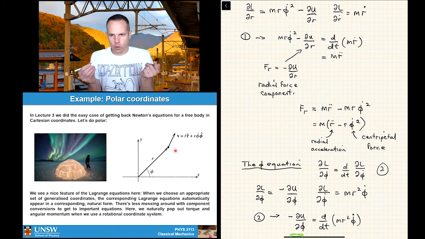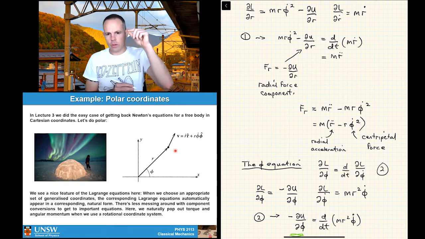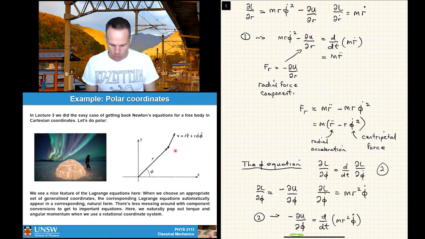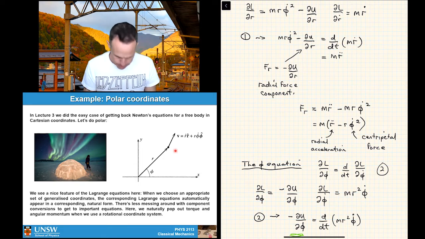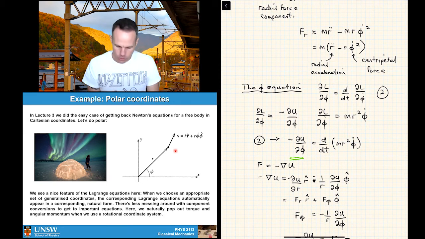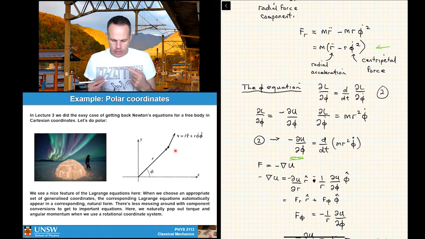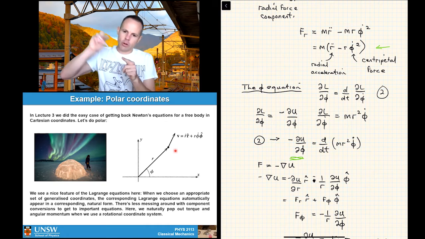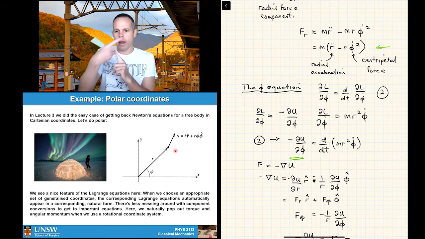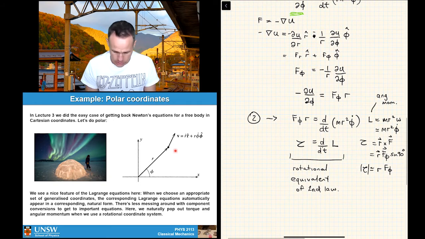In Cartesian coordinates, it popped out really simply that whether you do x or y or z, they're all the same, that you get F equals ma, which is just Newton's second law, right? Or F equals dp on dt is the better way to see it. Here, when you do it for r, you get the radial force equation, Newton's second law, so you get an acceleration along the radial direction plus a force required to make it go in a circle if it's going in a circle. In other words, if phi dot's not 0.